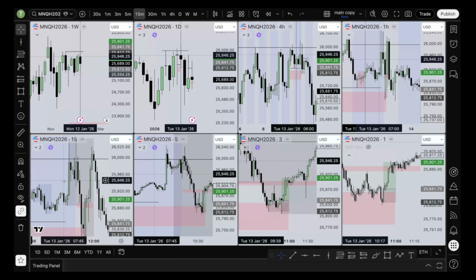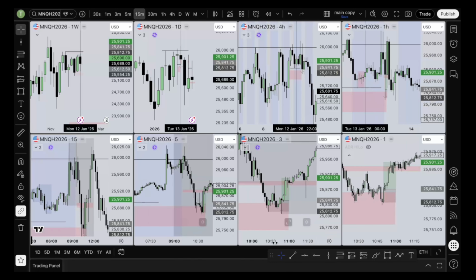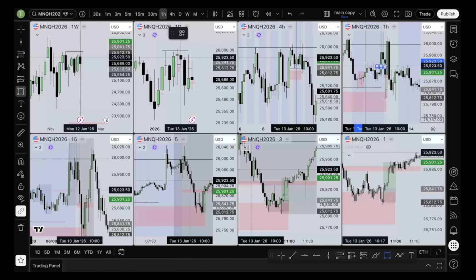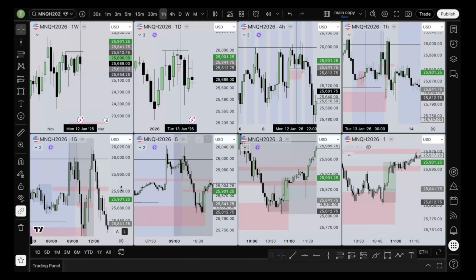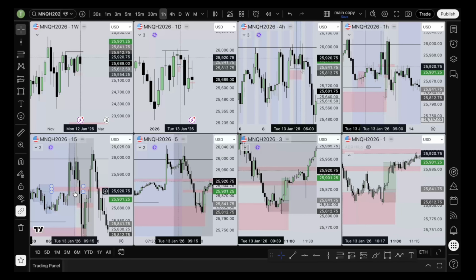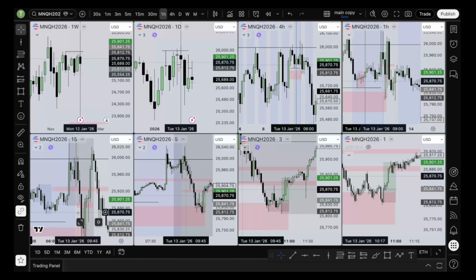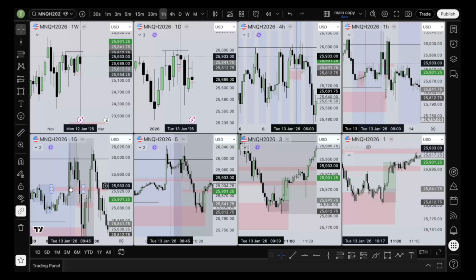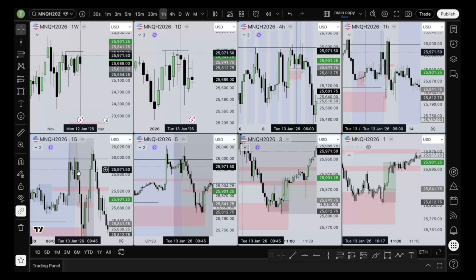Once price trades into this hourly fair value gap right here, let me just mark that out. We trade into that. And like I said, whenever price trades into a PD array, if it wants to continue lower, it's going to retrace and use another lower time frame or the same time frame PD array to break lower.